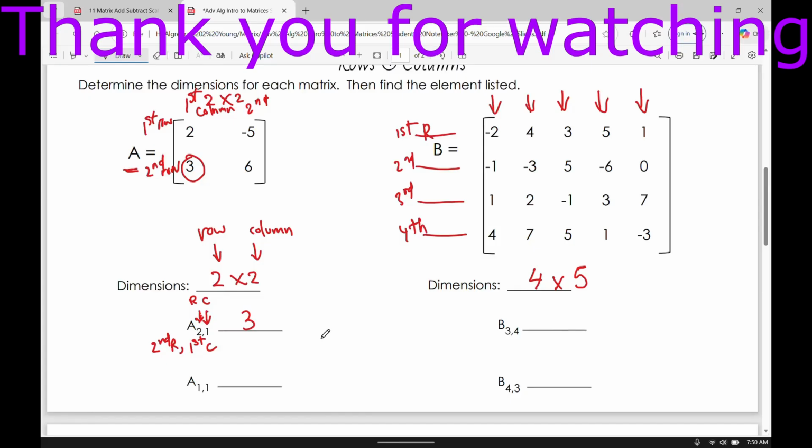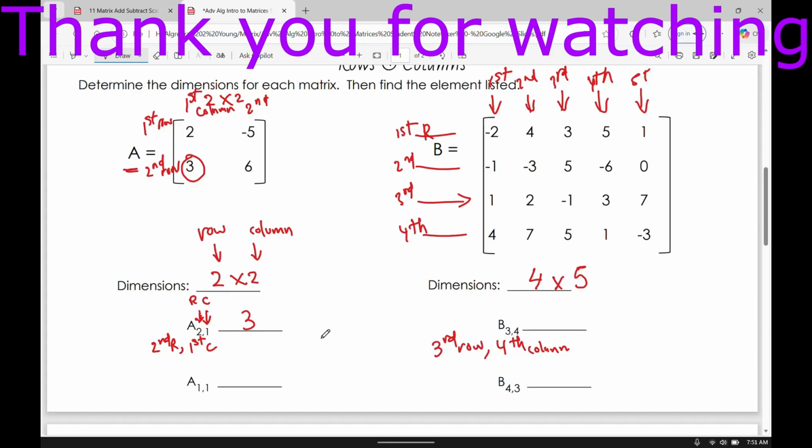B32, here we go. That means third row and fourth column. The third row is right here, and the columns are first, second, third, fourth, fifth.